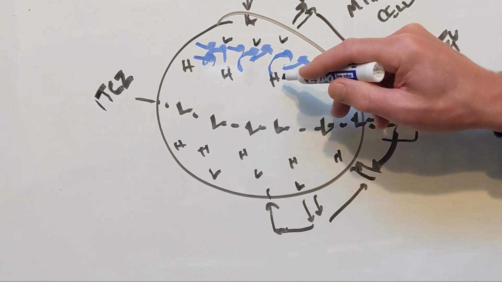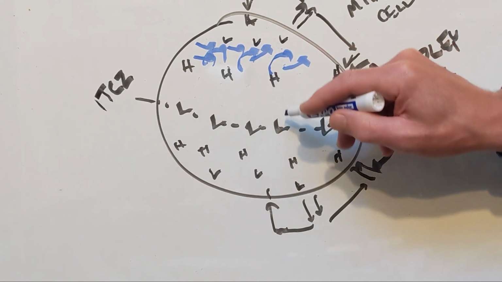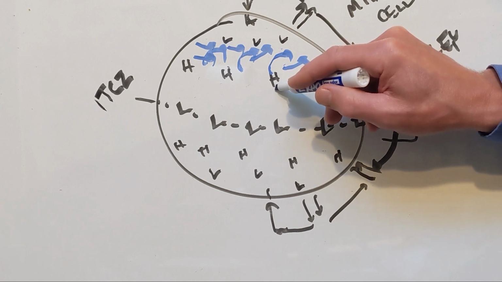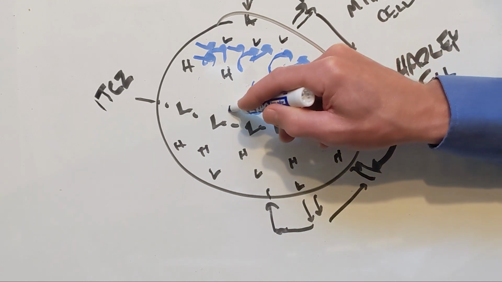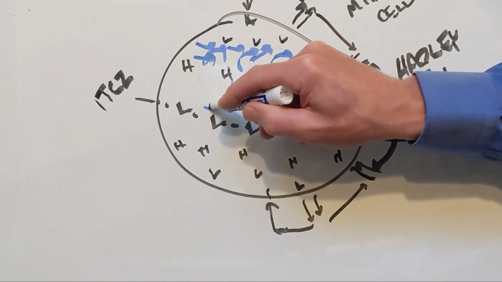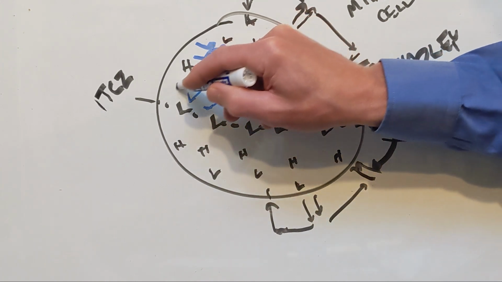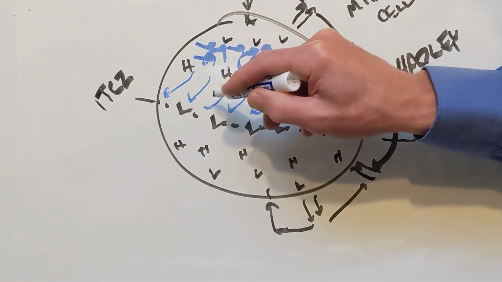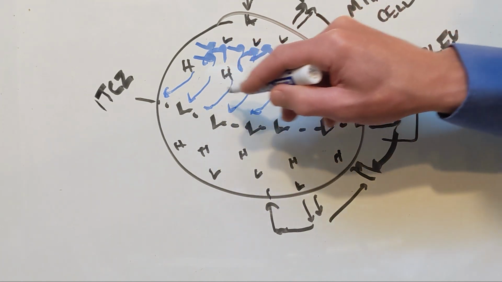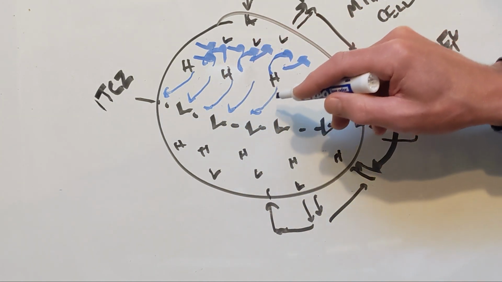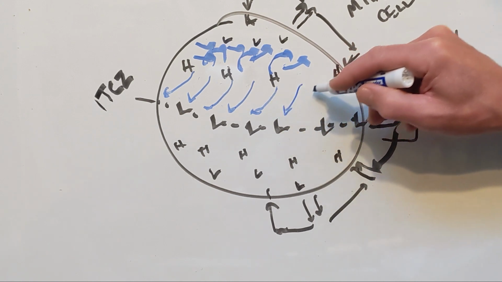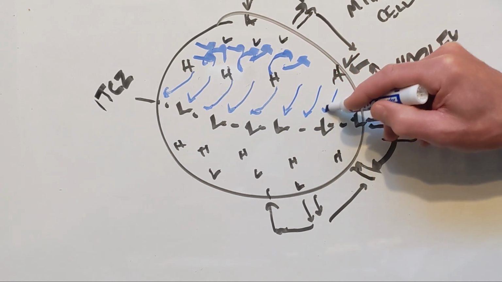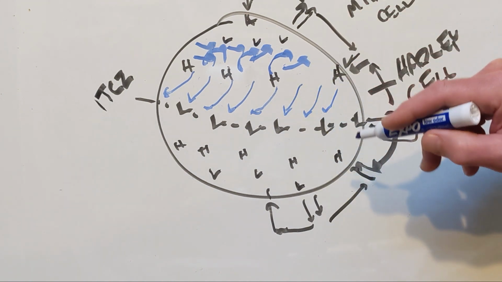Here we see from the high to the low, and from the high to the low it would be this way, but it moves to its right, so it takes a right turn, and it moves like this. Now the Coriolis force or Coriolis effect is less pronounced at the equator, so these don't quite make it all the way to a full 90-degree turn. They come here out of the northeast instead of straight out of the west like we observe here.